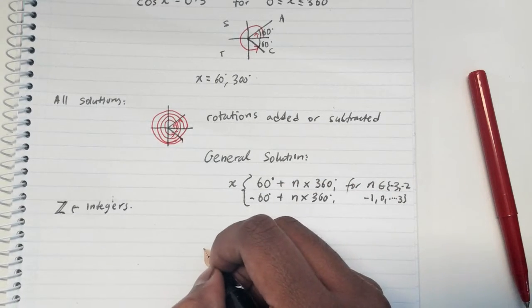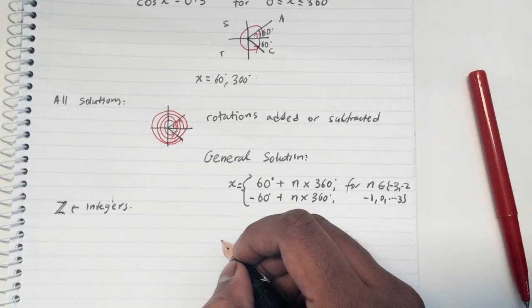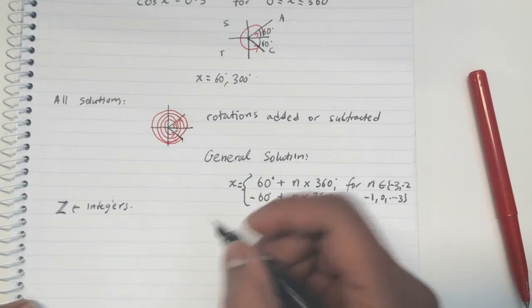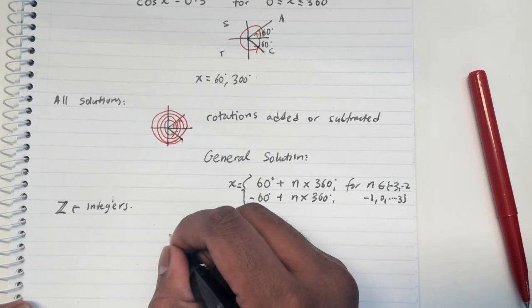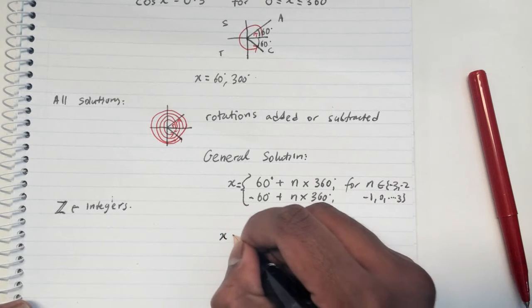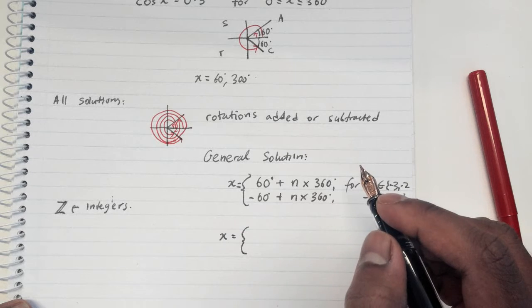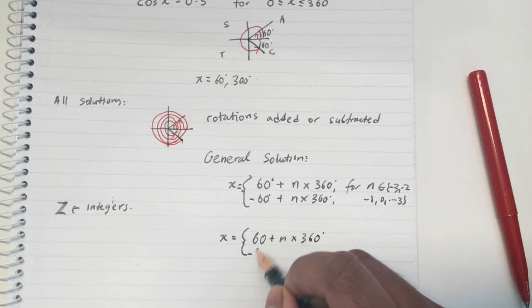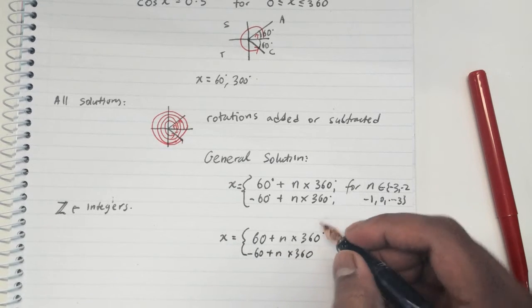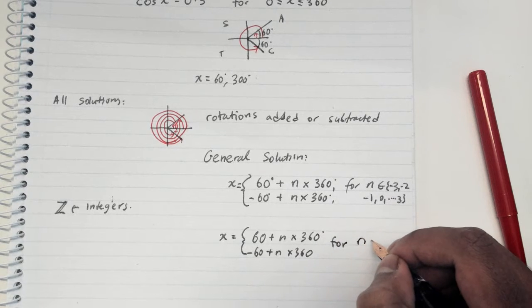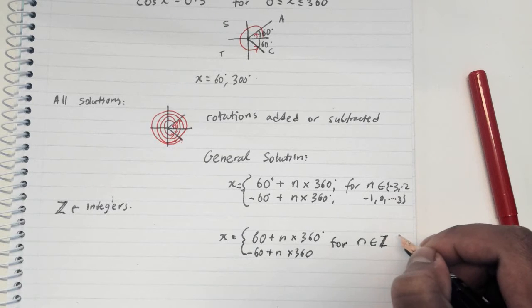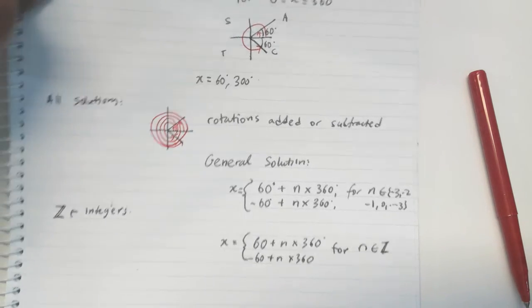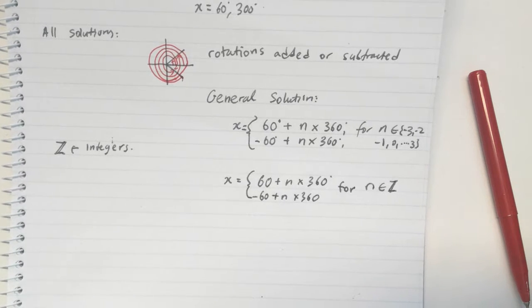So the actual solution should be exactly the same thing: 60 plus n times 360, negative 60 plus n times 360, for n being an element of the integers. That makes sense? We're just basically generalizing everything.